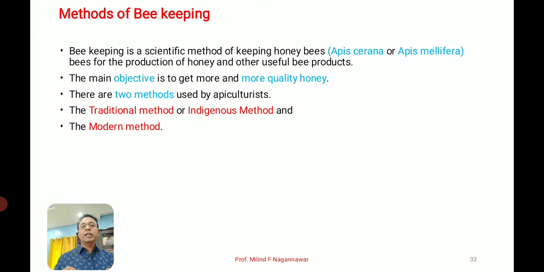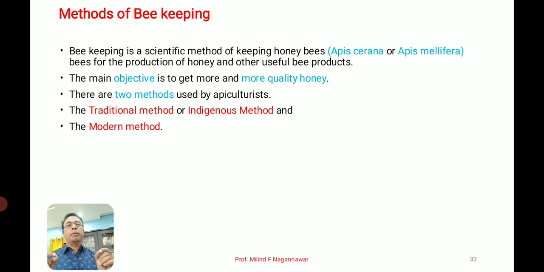Now, beekeeping is the scientific method or process where the honeybees are reared or kept for the production of honey and other useful bee products. So, beekeeping is the scientific method of keeping the honeybees. In this method, usually Apis cerana or Apis mellifera are the most employed honeybees.